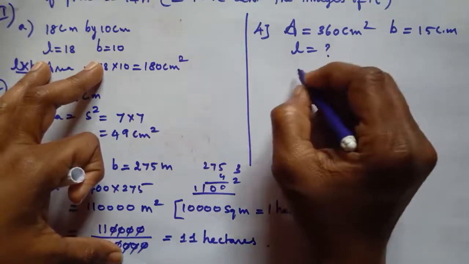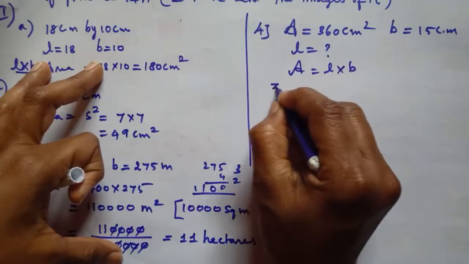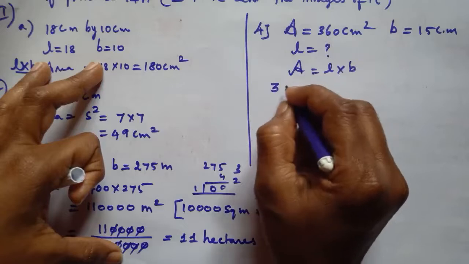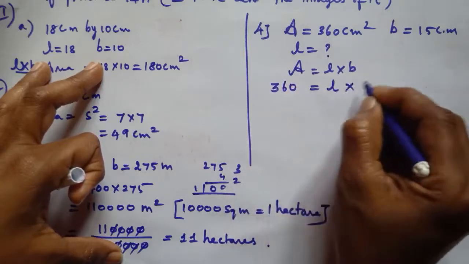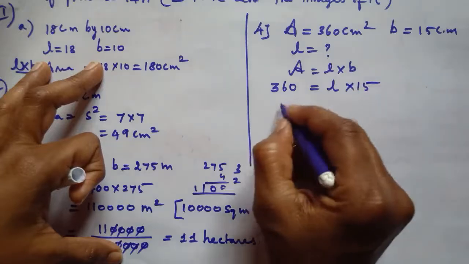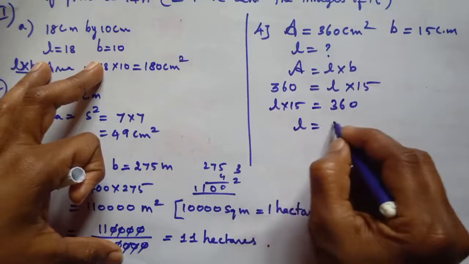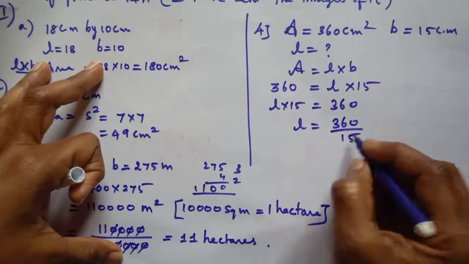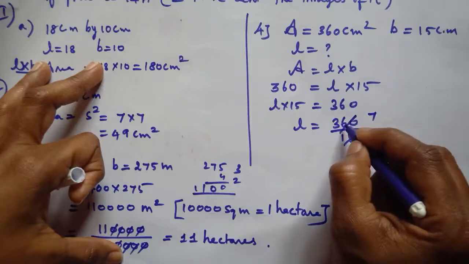Students listen, area is equal to L into B. Here we have got area 360, then L we don't know, into B 15. So L into 15 is equal to 360. L is equal to 360 by 15. 3 5s are 15, 7 5s are 35, 2.